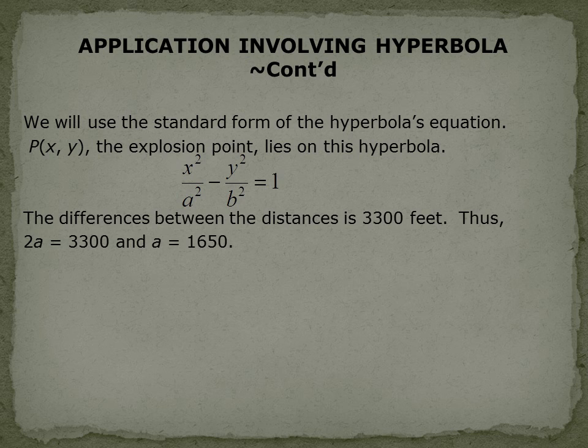The difference between the distances is 3,300 feet. Thus, 2a equals 3,300 and a equals half of that, which is 1,650. x squared over 1,650 squared minus y squared over b squared is 1.